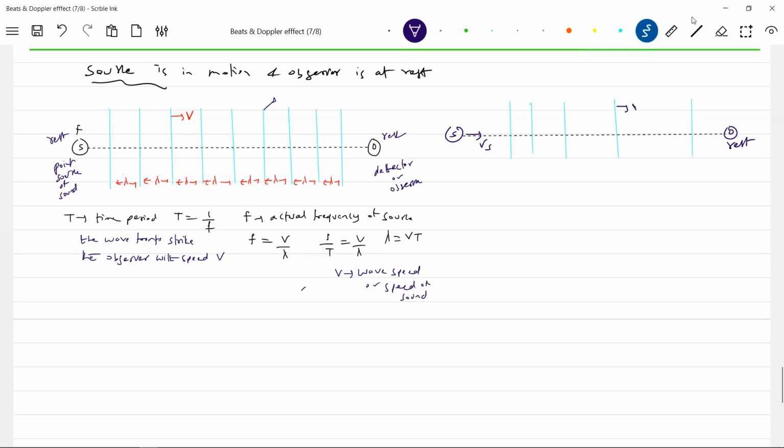I'll be throwing the gestures with a speed v relative only, because earlier I was attached. Now I'll be running and I'll be throwing the gestures.